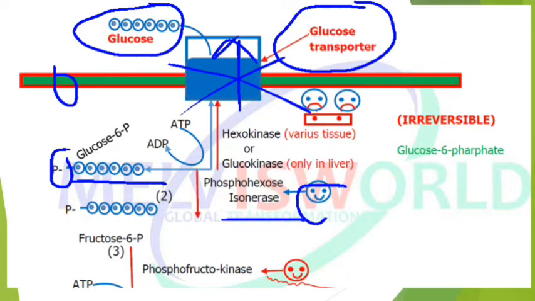Then, after the phosphorylation, the glucose molecule becomes offended. Why do you have to add the phosphate group to me? I don't need it. And it refuses to move to the next pathway. Then phosphohexose isomerase isomerizes this, changing the structure.